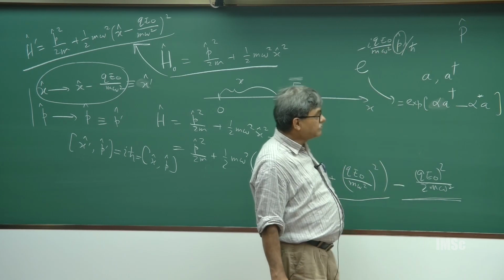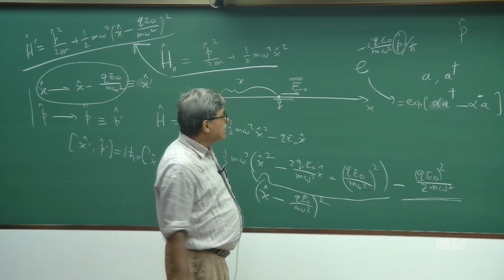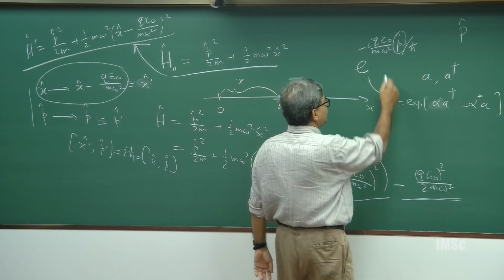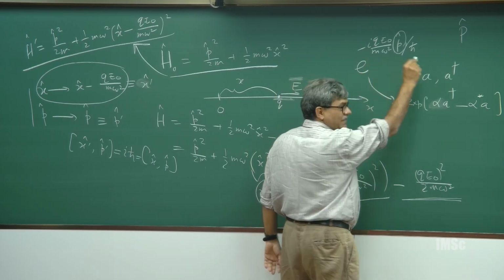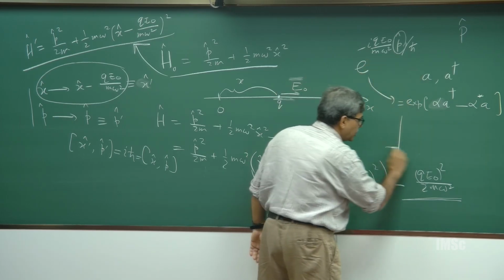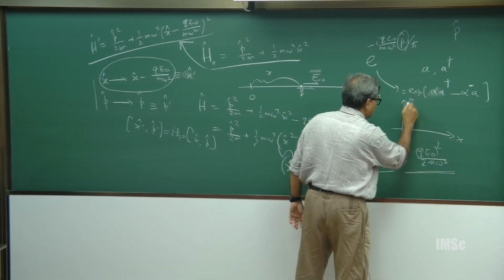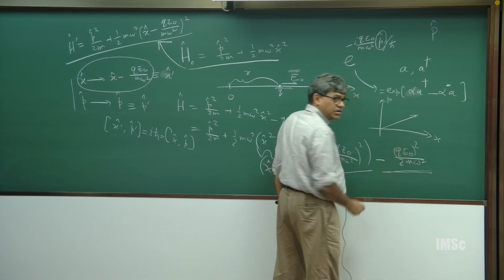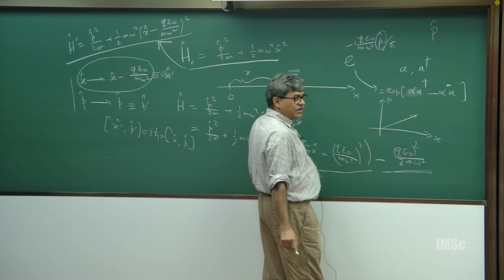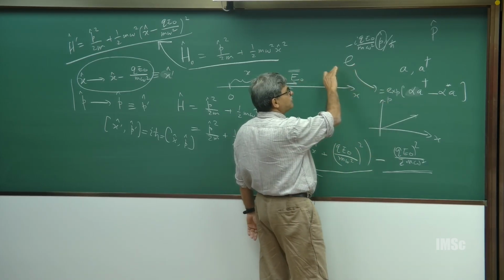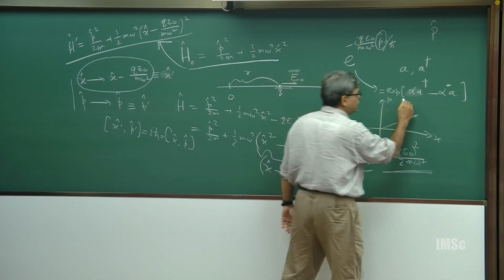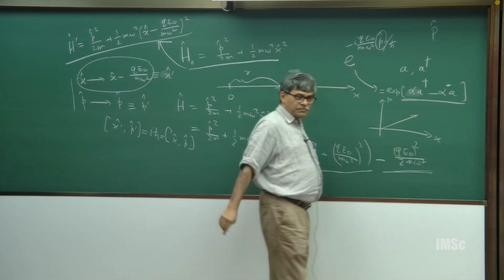Anyway, this is along the x axis I am displacing, but if I do it along a certain direction in x and p, not necessarily along the x axis, then the most general form of displacement operator will be of this form.